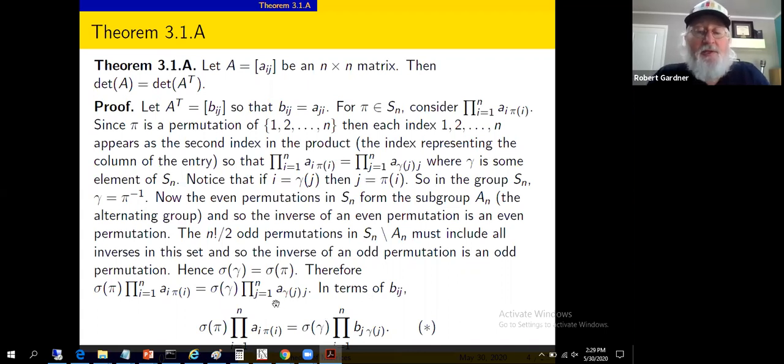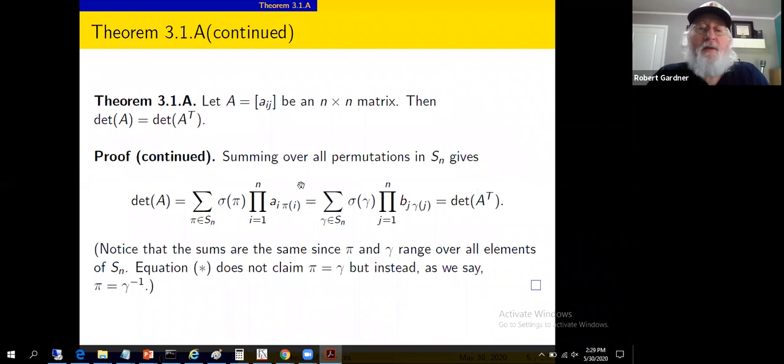This has allowed us to take these terms involving the a's and write them in terms of the b sub ij's. Now, the determinant of A is a sum over all permutations in the symmetric group of those kinds of products we had in the previous part. How many? n factorial, which is how many permutations there are in the group.